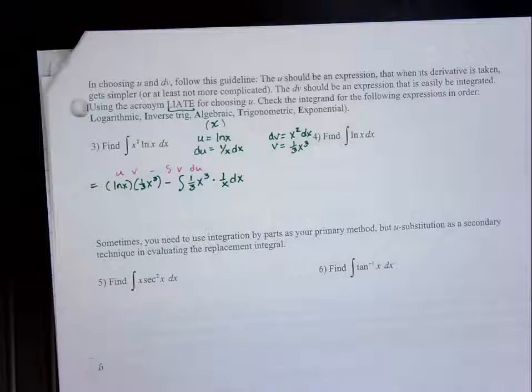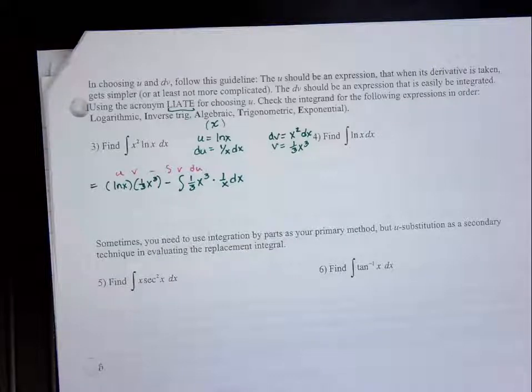So all I did was just plug everything into ultraviolet voodoo. ln of x times 1/3 x to the third minus the integral of 1/3 x to the third times 1 over x dx. Okay? Like I told you, the acronym, let integrals always turn easy.